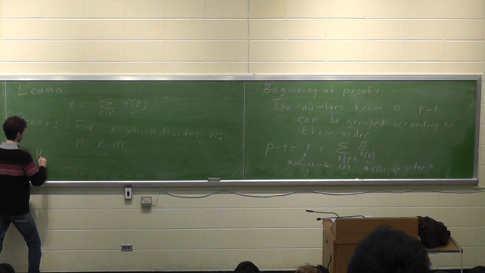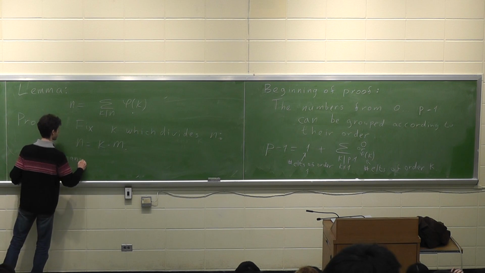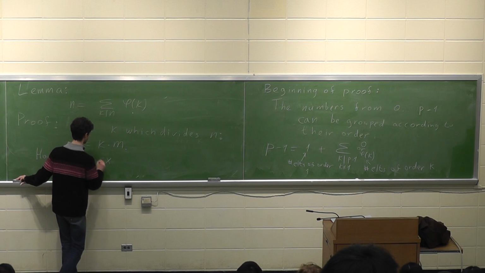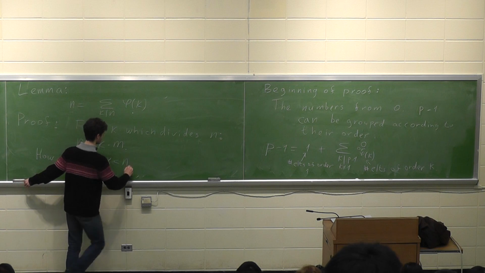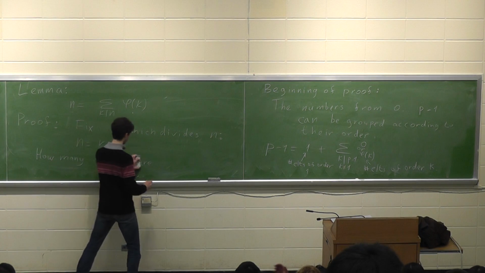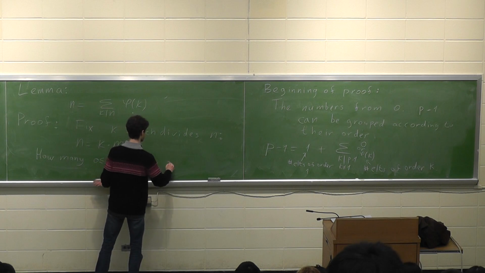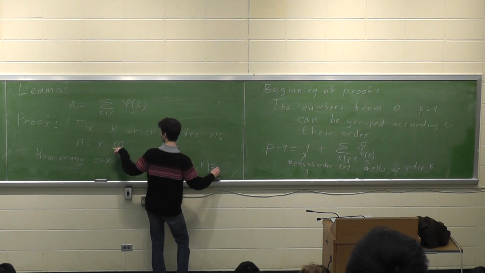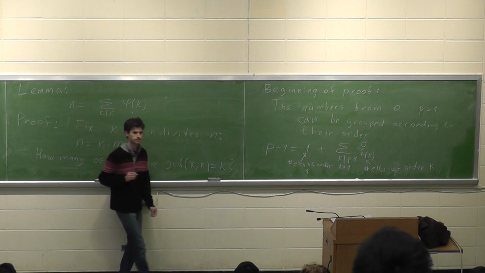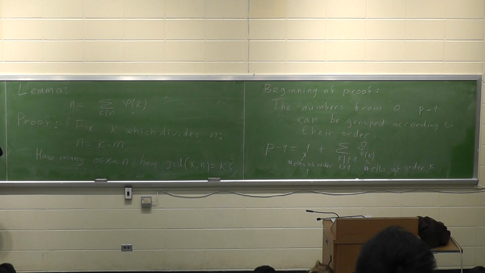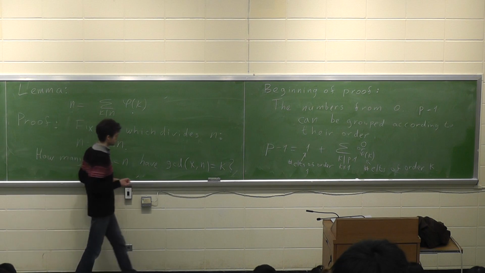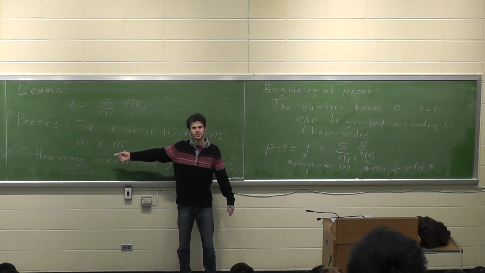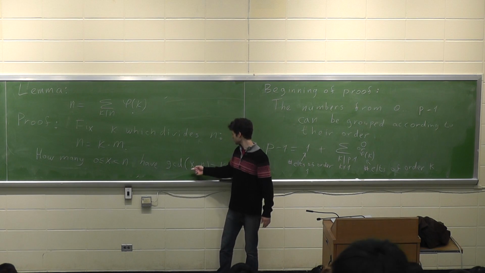Question: how many x's between 0 and n have greatest common divisor with n equal to 1?